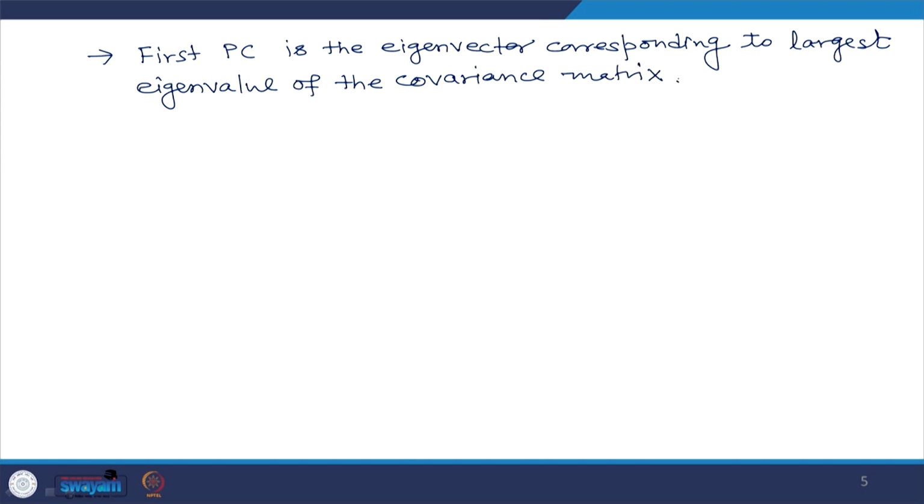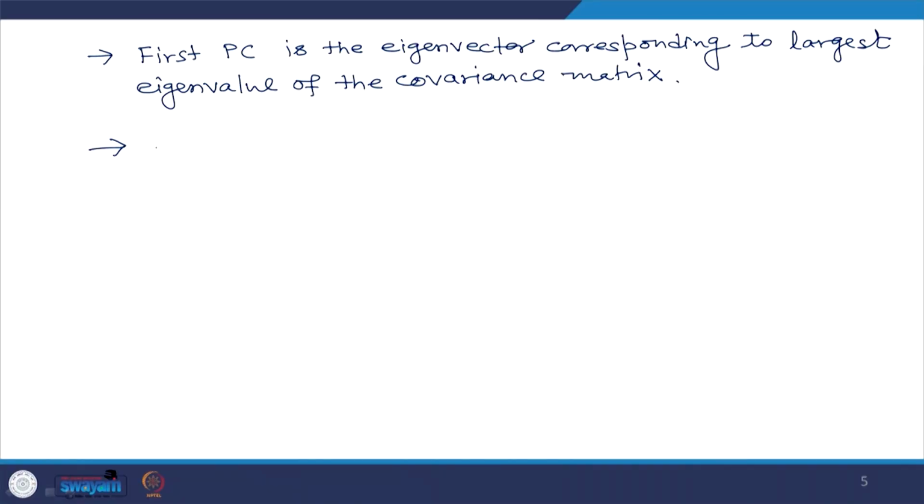That is, the covariance matrix will have eigenvalues, and whichever is the largest eigenvalue, the eigenvector corresponding to that eigenvalue will be the first principal component. And what is the meaning of the first principal component? That in the direction of that vector, the data set will have the maximum variability, maximum variation.